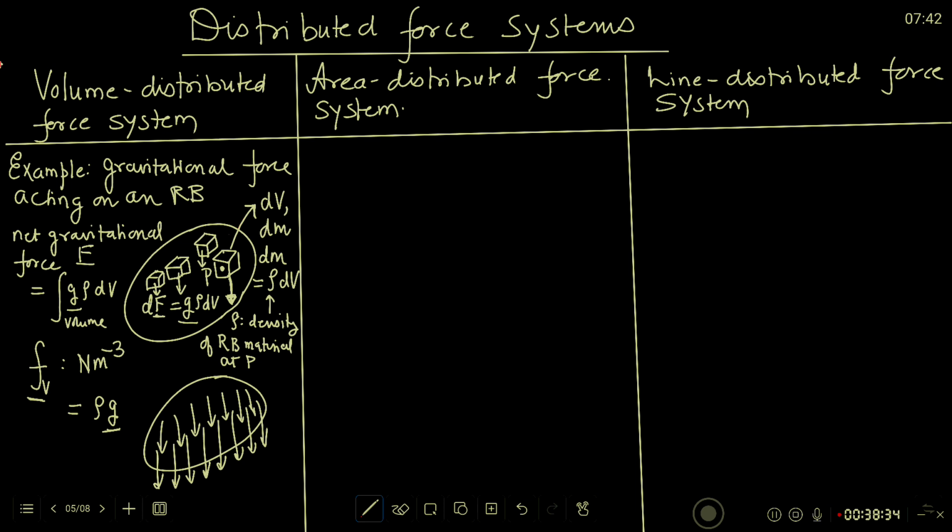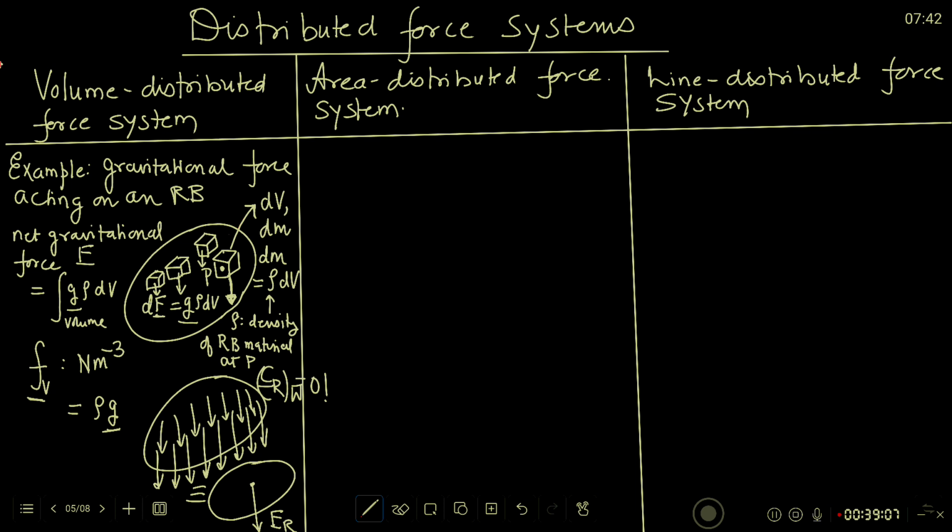We would like to see what will be the equivalent force system of this, and I anticipate that this can be represented by one single force Fr, with CRW being 0. I will show that in a little while. So an equivalent volume distributed force being replaced by one single point force.